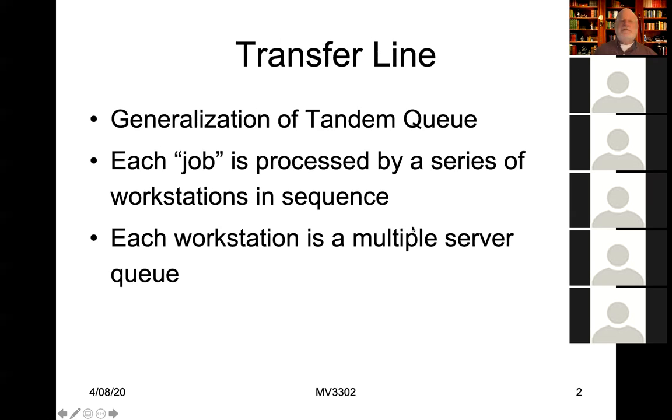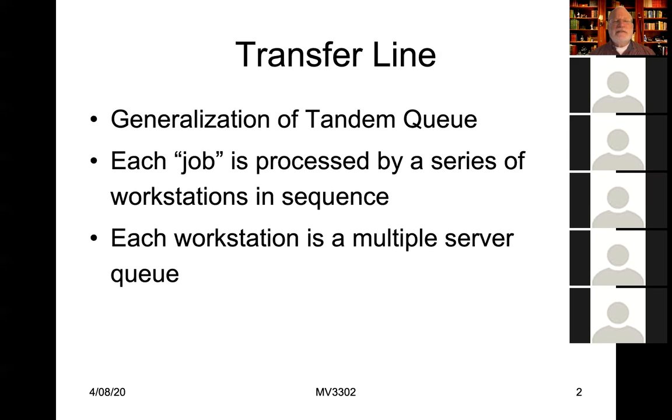Okay, so what is the transfer line? The transfer line is a generalization of that tandem queue, and its name comes from a type of manufacturing process where you have a sequence of workstations, and each workstation does one task to a job that, as it gets processed by each sequential station, eventually comes out at the other end as the completed part.